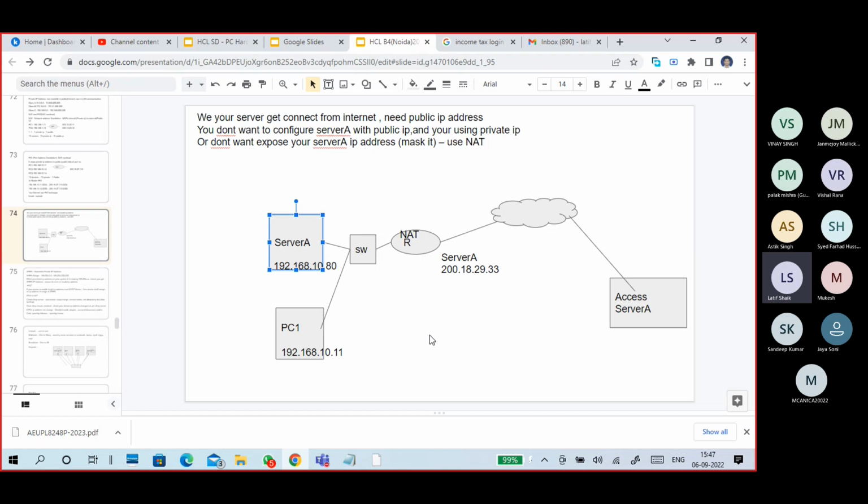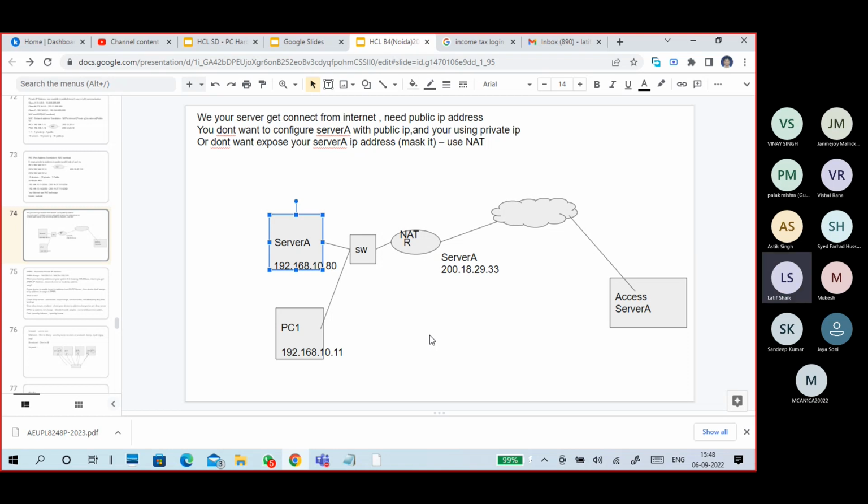You have a server and a public IP address, so people can send requests to your server through the internet. If you want to hide it, for example, you ping google.com and you get an IP address. Is it really the google.com IP address? May not be. You want to hide your IP address, you want to use a private IP only.